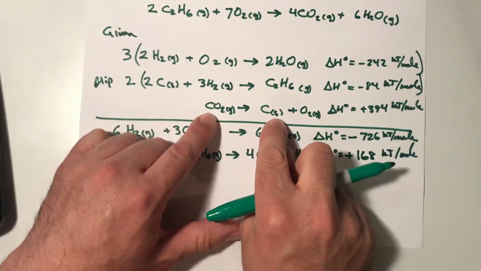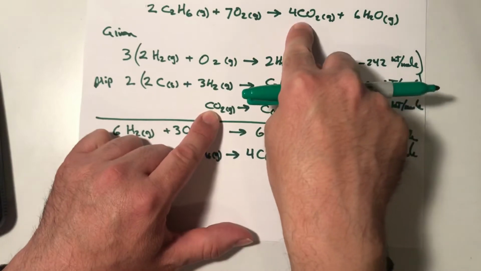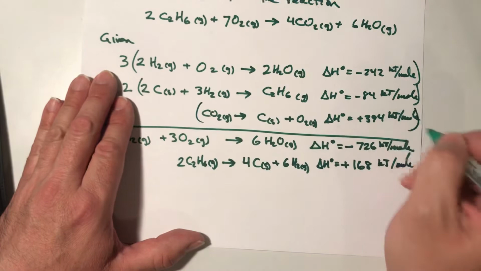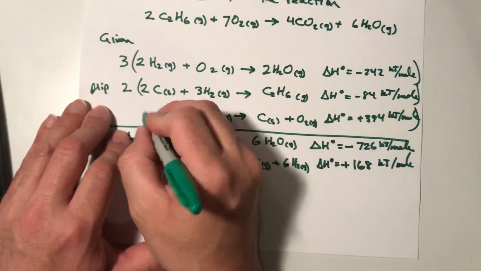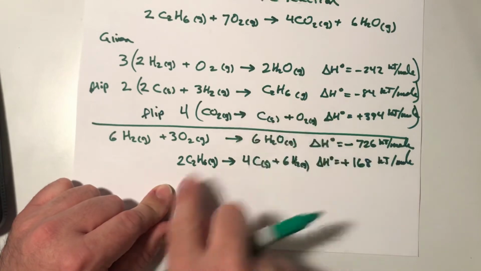this last reaction here, notice we've got a CO2 here. We need to have 4 CO2s. It's on the wrong side and needs a 4. So we're going to do this whole thing times 4, and we're going to flip this guy as well. So now the products become reactants.